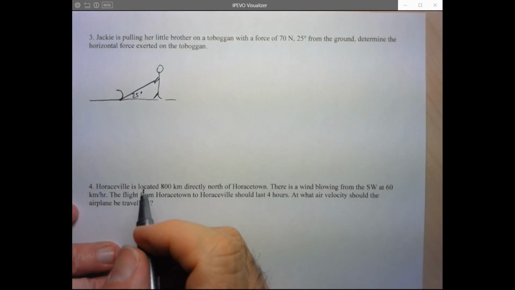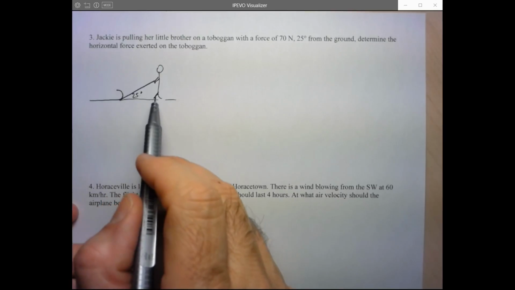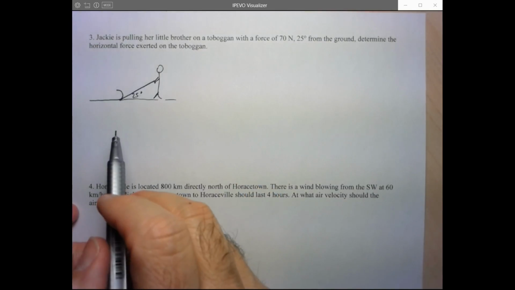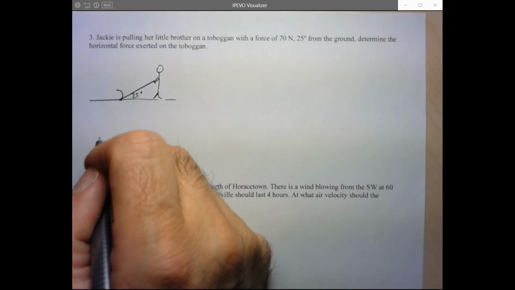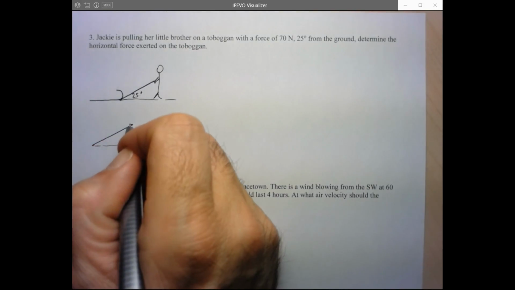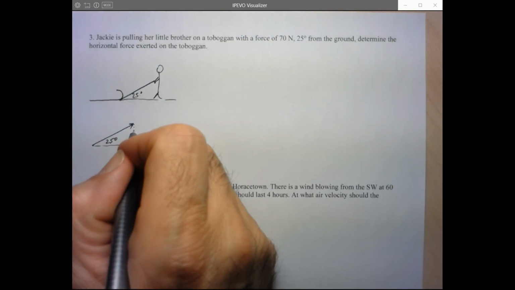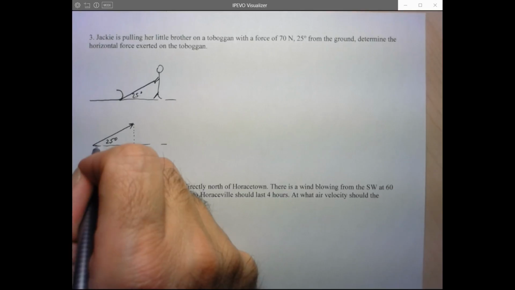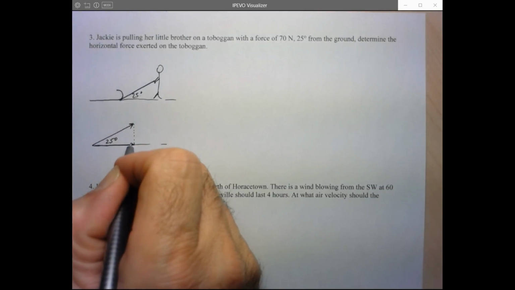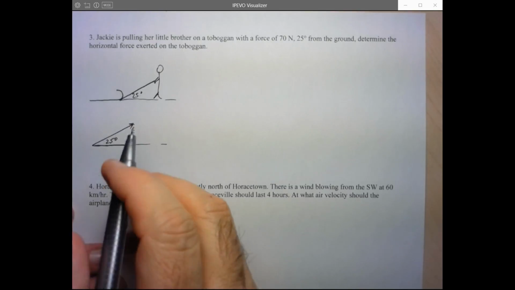But of course, likely you'd be interested in the amount of force that's pulling the toboggan horizontally. So let's draw ourselves a diagram here. Here's the ground, here's the force, 25 degrees from the ground, but what we're looking for is what we call the component of the force that's only in the horizontal direction.